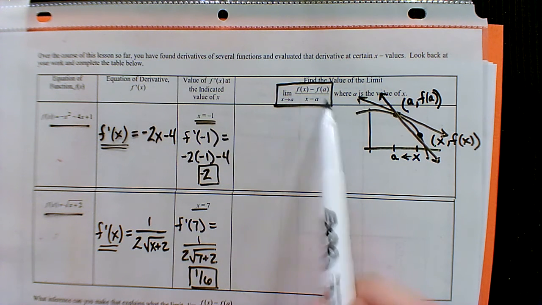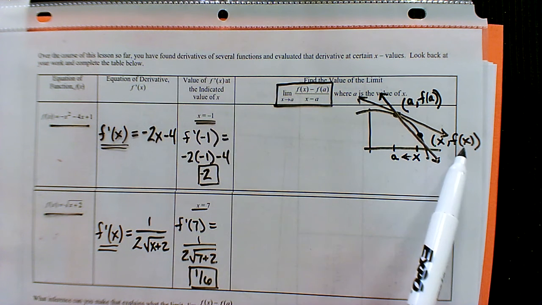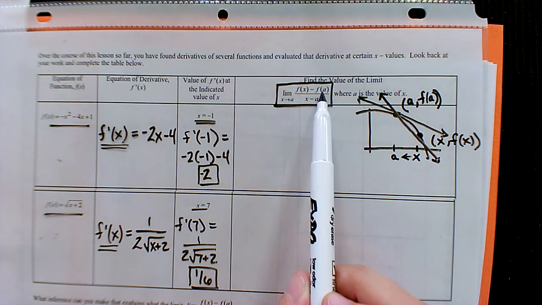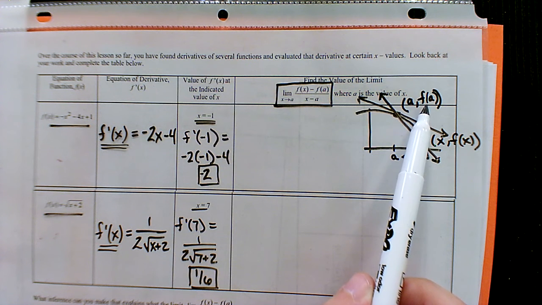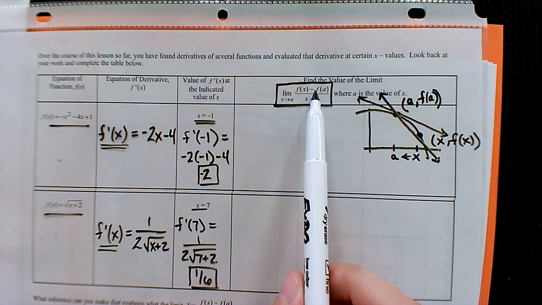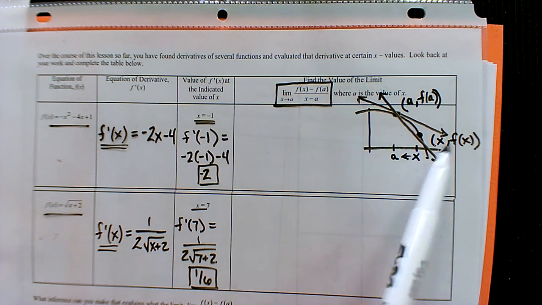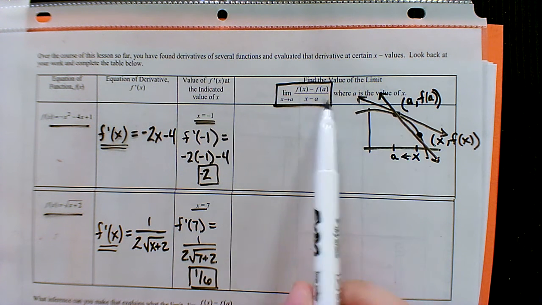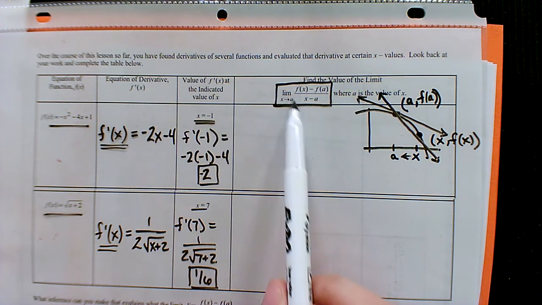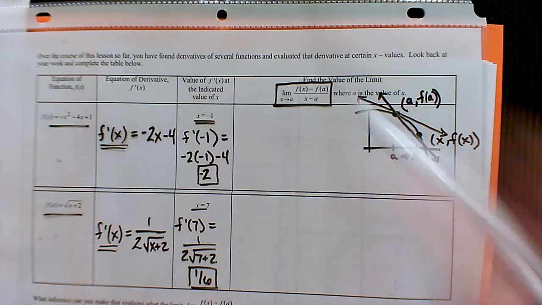So take a look at this limit. Notice how f of x is the y value from the one point, and f of a is the y value from the other one, and we are subtracting them. Then we are dividing by x minus a. Do you see how this is still slope? Y's over x's.